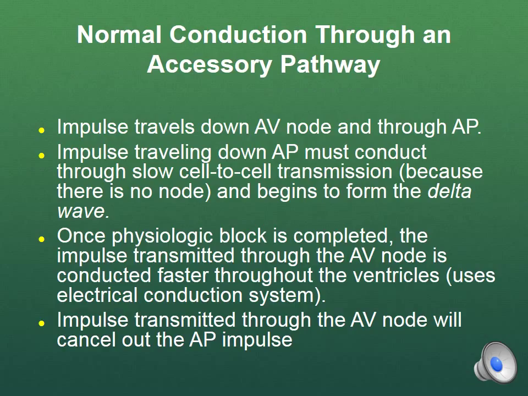So in this instance, you'll have a physiologic block. And what we're talking about here, guys, is the AVRT. The last slide we were discussing AVNRT. This is atrioventricular reentrant tachycardia, which occurs whenever you do have the accessory pathway. The impulse is going to be transmitted through the AV node, and it's conducted faster throughout the ventricles, and then the impulse transmitted through the AV node is going to cancel out the accessory pathway impulse.